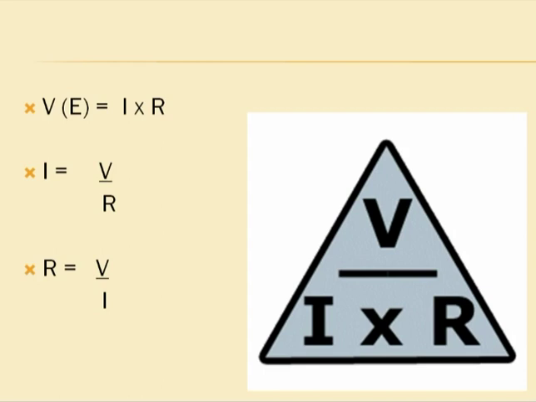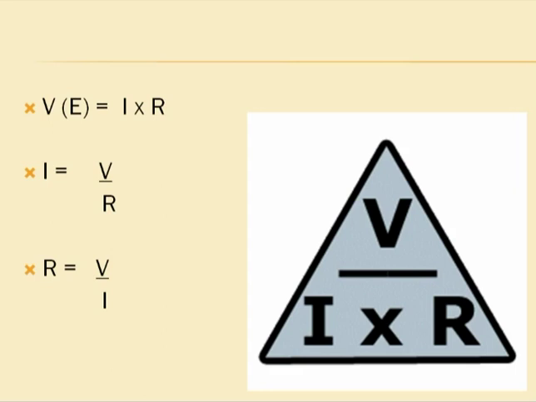The remaining two quantities will give me the ratio of voltage to current, and it will give me the value of resistance. Similarly, if I want to find the voltage, I have to cross over the voltage, and then I into R will give me the value of the voltage. And the same thing we can repeat to find the current also.